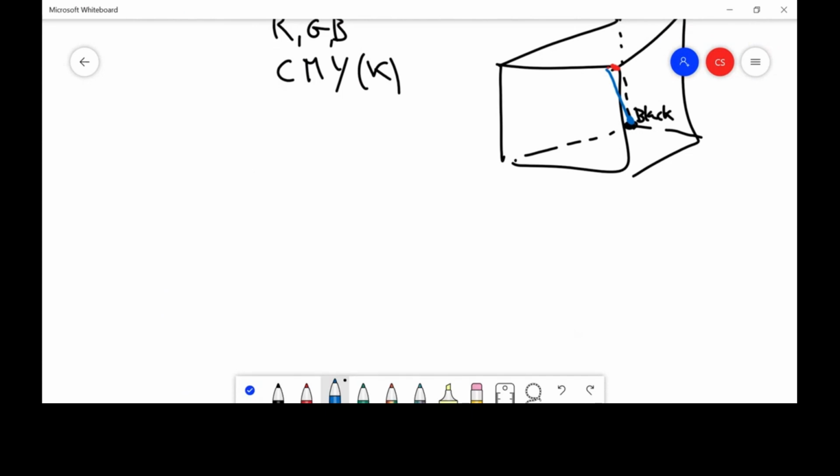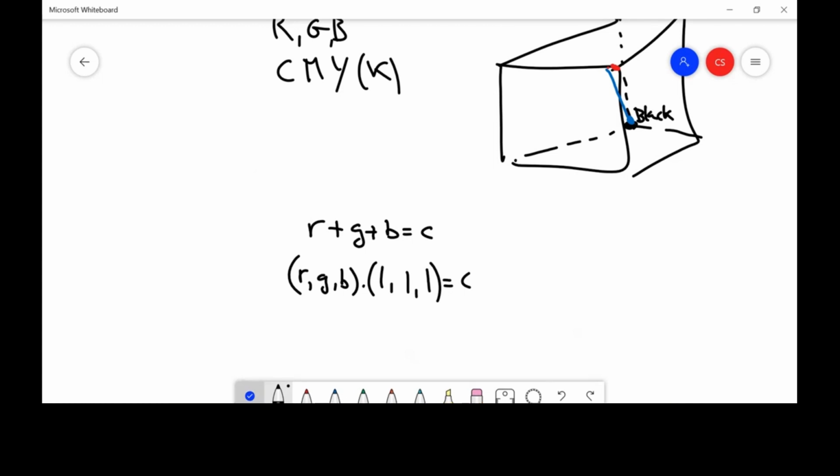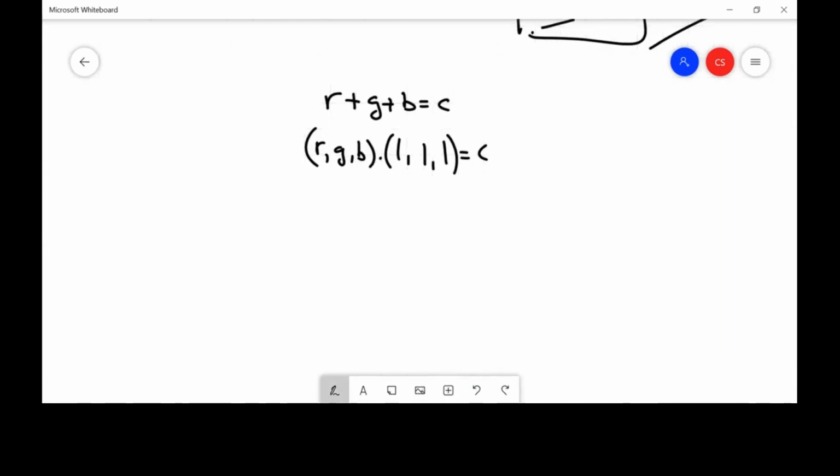But if I have R plus G plus B equals C, I can express this as (R, G, B), that are my color points, times (1, 1, 1) equals C. That is the equation of the plane.